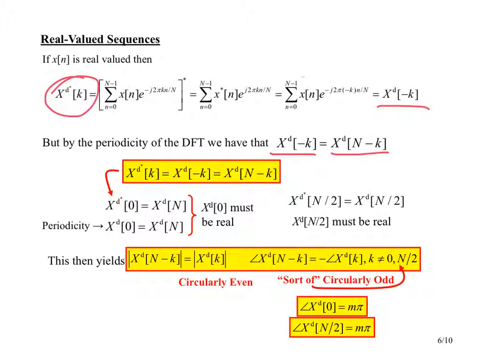So when we have a real valued signal, we're used to a certain symmetry around DC, for the DTFT and the CTFT.